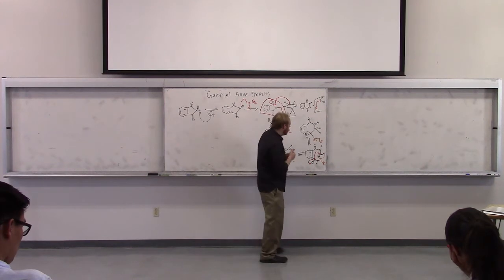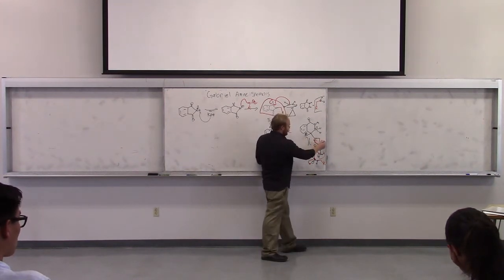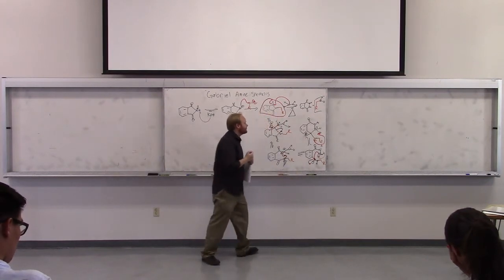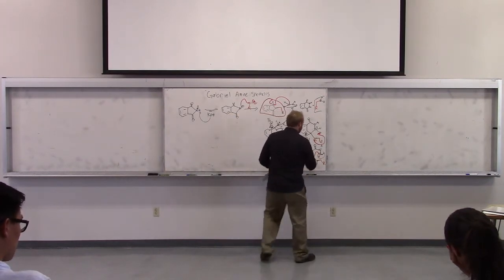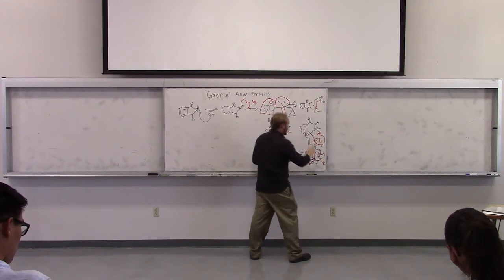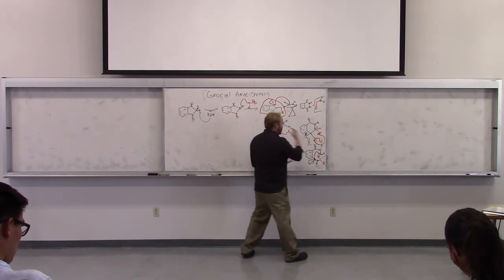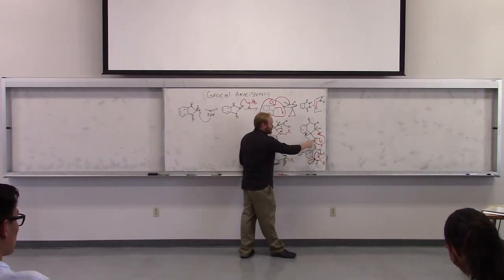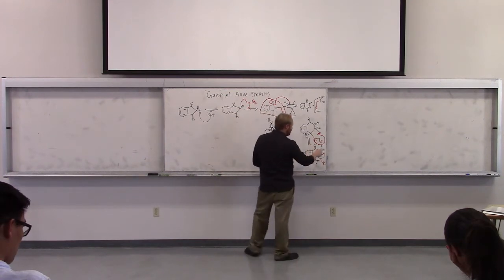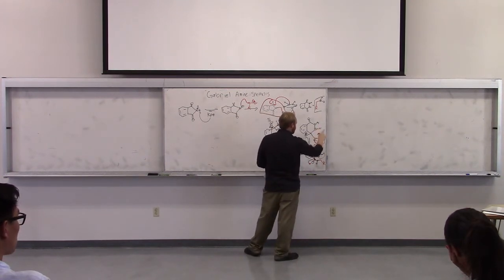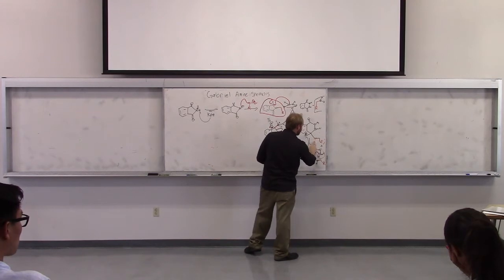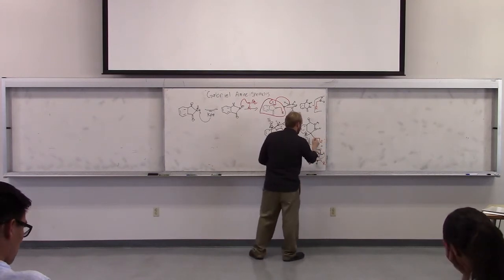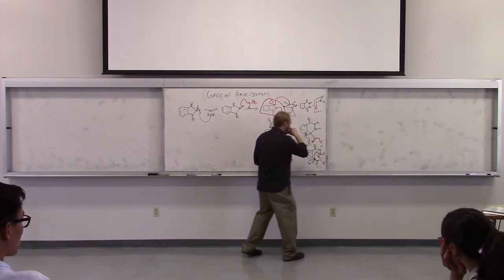The amine in orange is then going to grab the proton from this. Because of lack of room, I'm just going to draw the product up here. And then this minus charge takes this proton to give us this species.